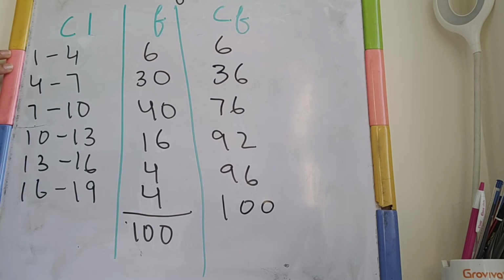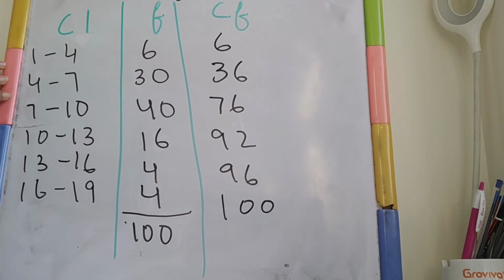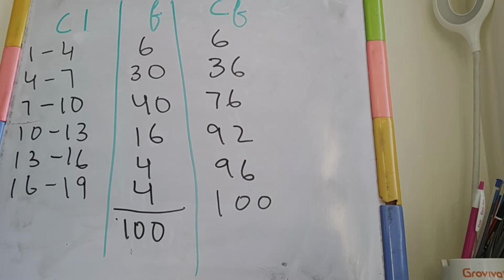The frequencies given are 6, 30, 40, 16, 4 and 4. In this question, we will find the median class. The median class is the class with the highest frequency. So as you can see, the class with the highest frequency is 7 to 10 with a frequency of 40.